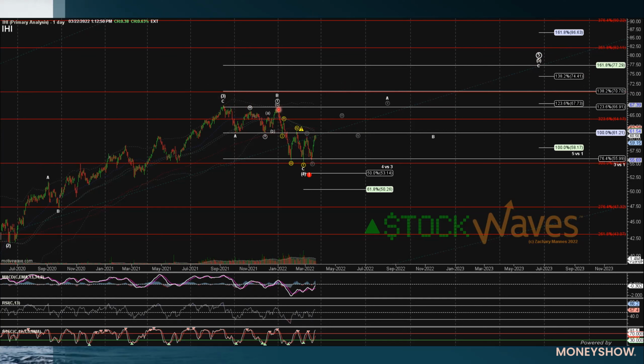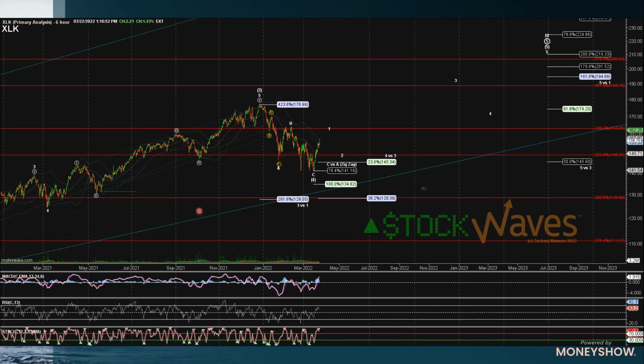And it was setting up for a C wave down of that 4th wave into the normal region and that 55 region that we would look at for support for the larger 4th wave, based on the size of the wave 3 and other guidelines. This should be an ABC move up to the high, probably well into 2023, but definitely some names that we focused on recently in a webinar for stock waves.